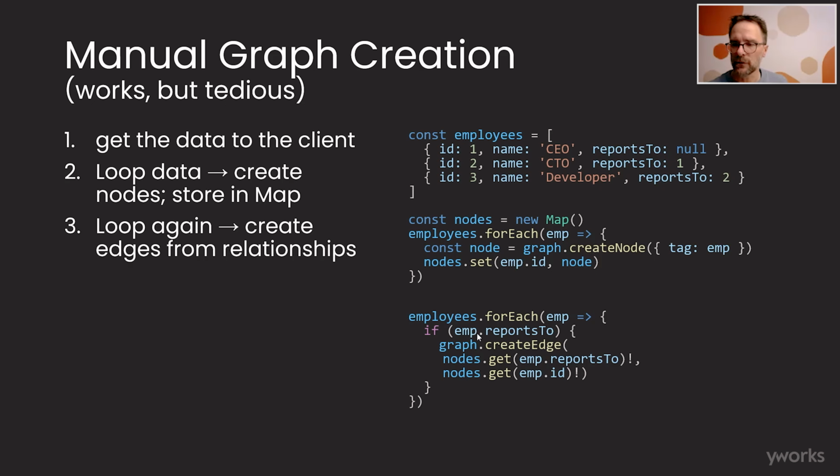Then from the data that you have, get the corresponding nodes, in this case by looking up the IDs in your map, which is just a regular ES6 JavaScript map, and call the createEdge method. And this way you can create graphs of any size without hard coding them.